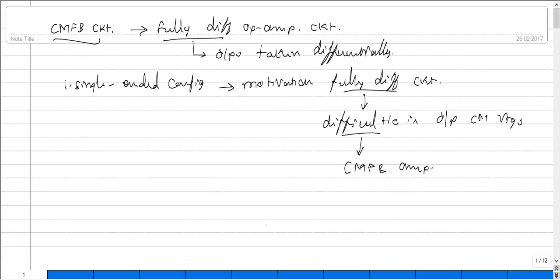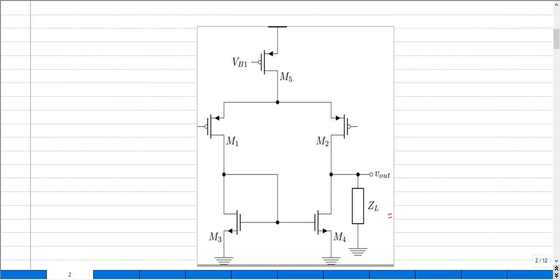Now let us consider a simple PMOS differential input with a single-ended output. As I stated, it's a single-ended configuration where I have a mirror load in order to copy the current that is flowing in the other branch to the output node. Let me recollect what we have seen before.